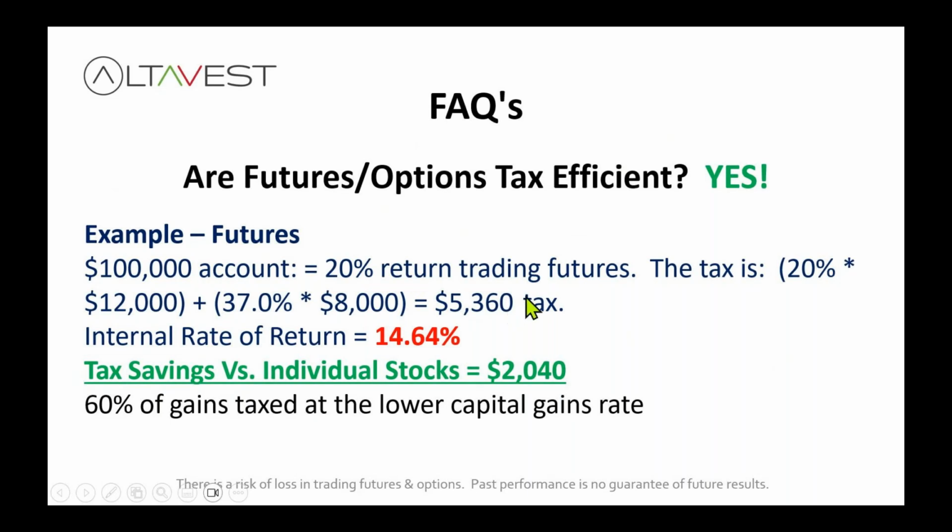Your tax here in this example, $5,360, rate of return of 14.64%. Compared to trading individual stocks, you're saving over $2,000, and that's simply because 60% of the gains are taxed at the capital gains rate, which is typically lower than your individual income tax rate. So you get favorable tax treatment and tax efficiency when trading with futures options.